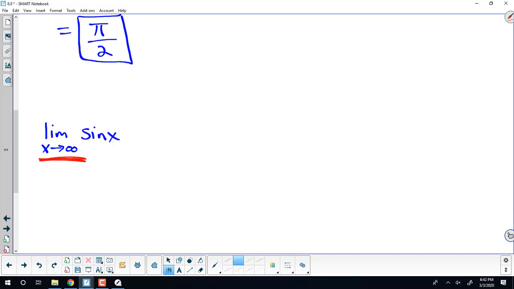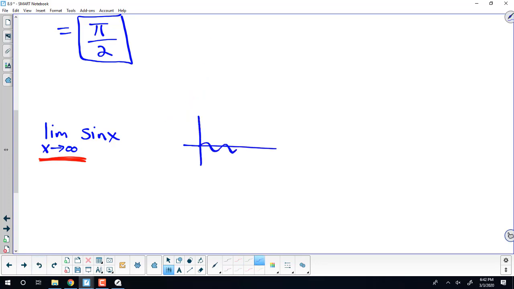If you put a limit at infinity on the front of anything, you're asking, over a vast amount of time, how is that thing going to behave? Is it flattening out? Is it going off to infinity, or negative infinity? Or is it doing neither, like in the case of sine or cosine?